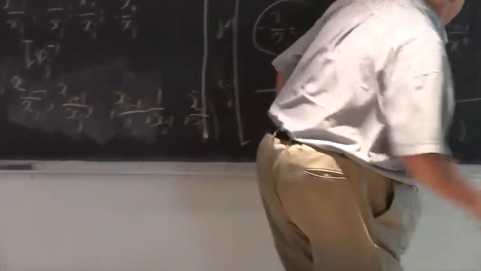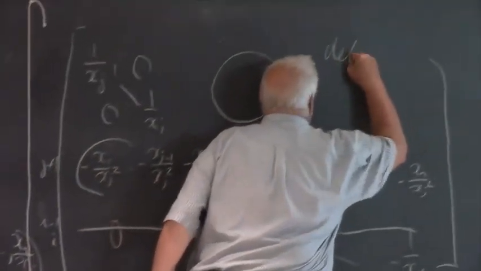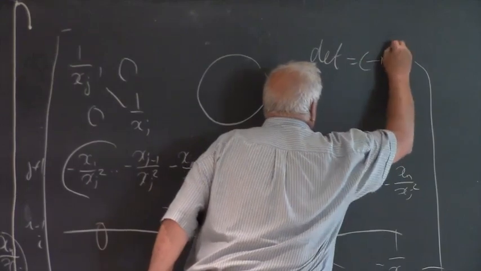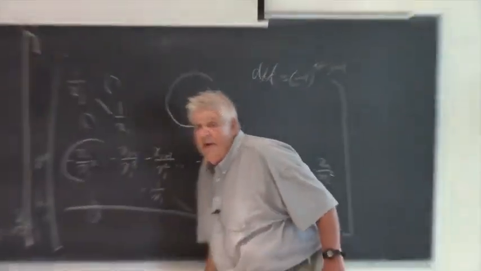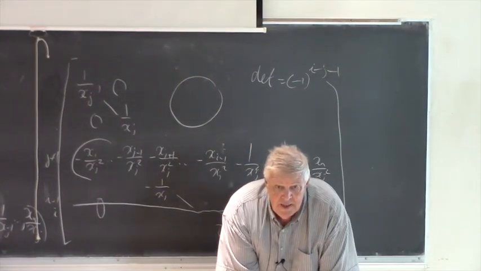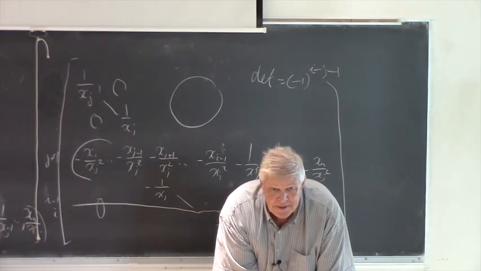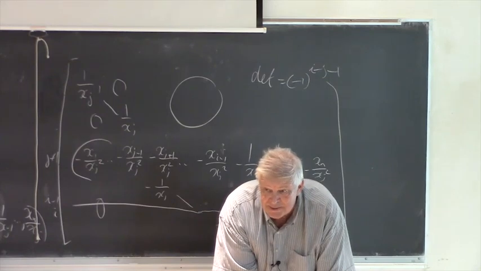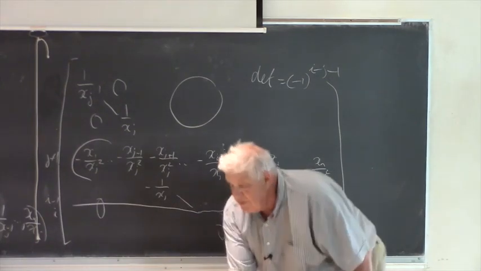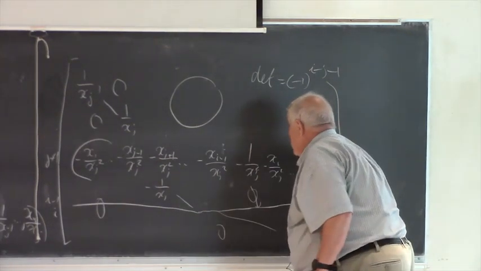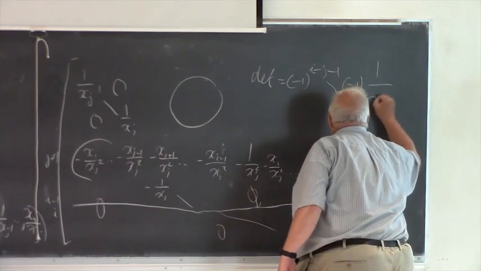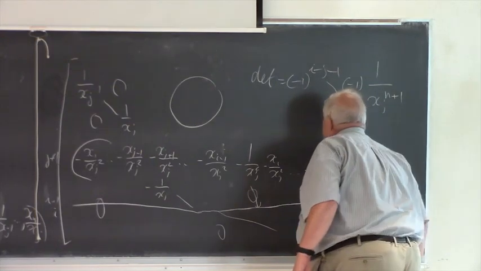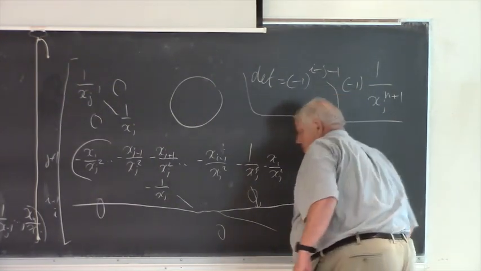So the whole determinant will be this. And now the only term in the determinant which will not be 0 will be the product of diagonal entries, which is as usual minus, because of this minus, x j to the power n plus 1. This is the formula which we get.